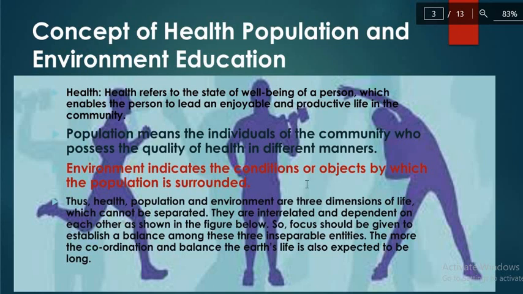For a person to be healthy, he should be physically, mentally, and socially well, not merely the absence of disease or infirmity. So to be healthy, there should not be any disease in the body, and there should not be any infirmity also. Infirmity means any bad conditions.